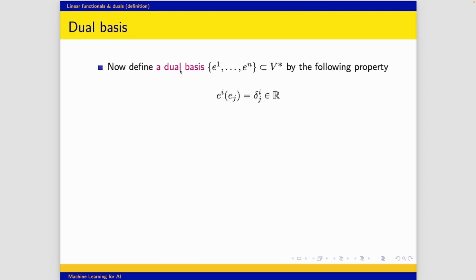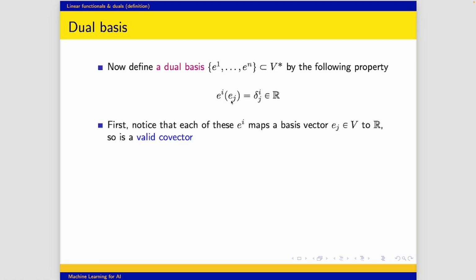So let me now define a dual basis, E1 superscript to En, by the following, which is precisely what I wrote down earlier. Now, notice that each of these, I've already said this, is a map from one of the basis vectors, which is an element of V, to R, because delta J I is either 0 or 1, so it's a real number, right?